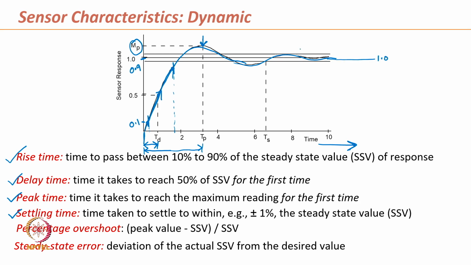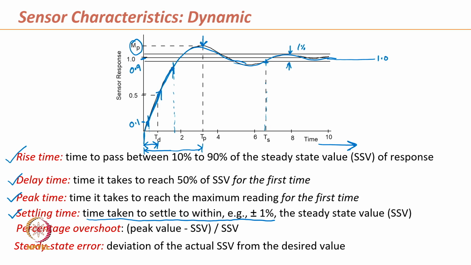So, we define a criterion that when the output reaches within 1% or 5%, depending on the application, of the steady state value, then we say this is the settling time. Typically it is plotted here as Ts, which is typically 1% of the steady state value.